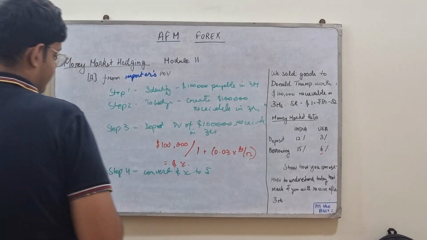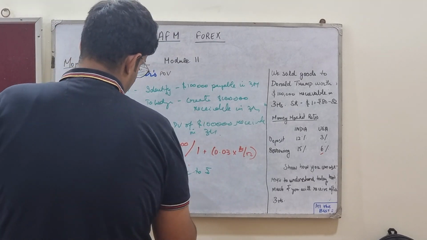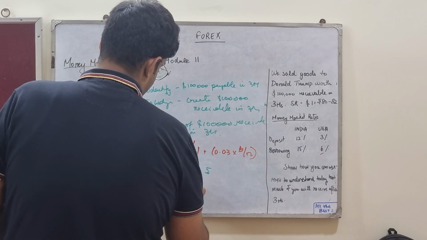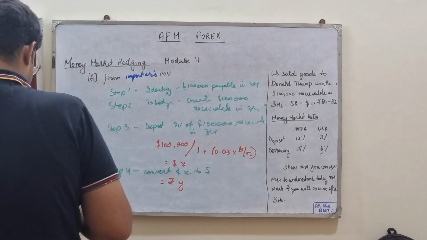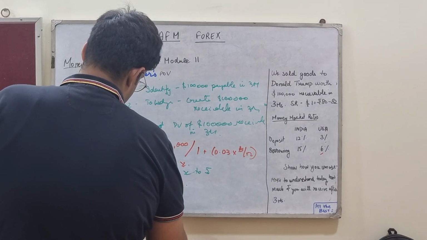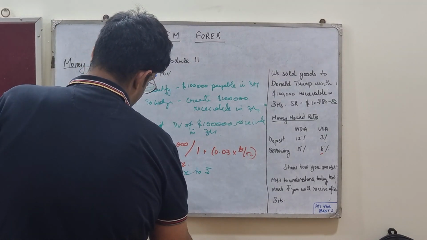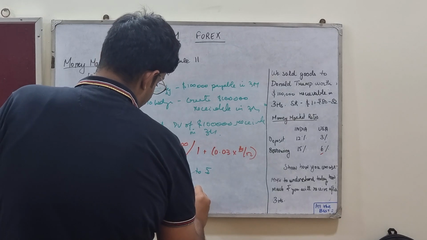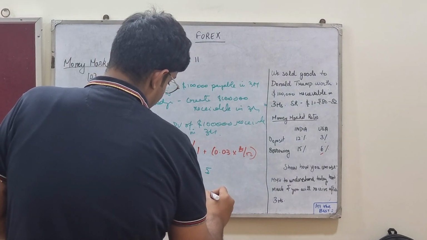So it will be equal to rupees y. Then step 5 is borrow rupees y from an Indian bank.